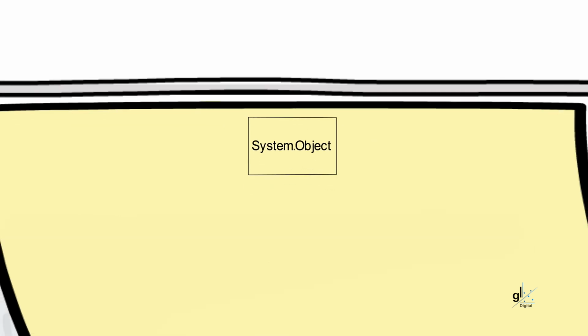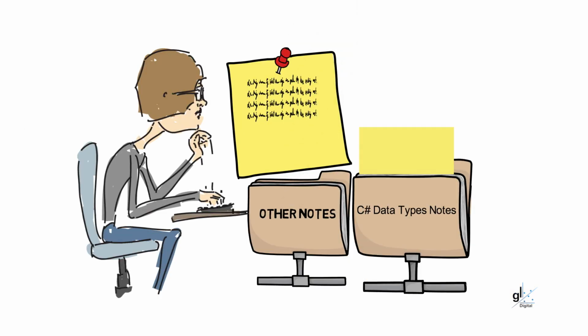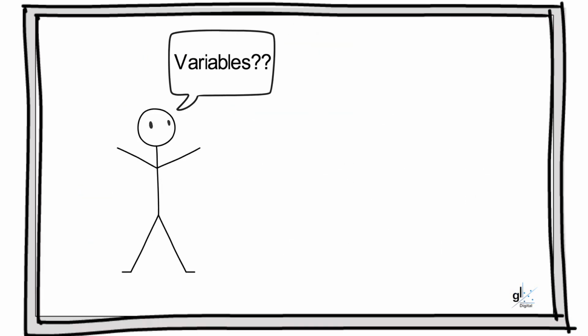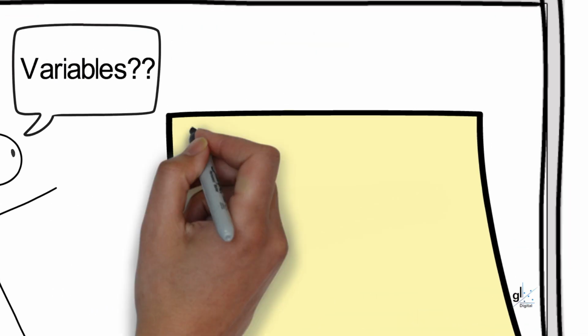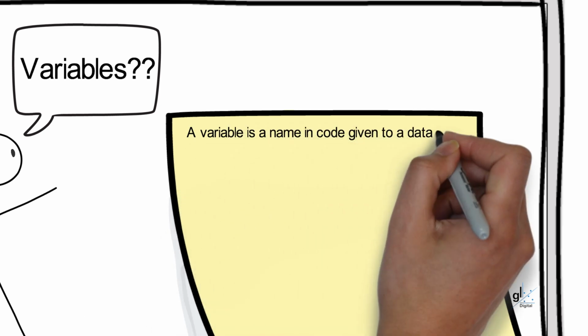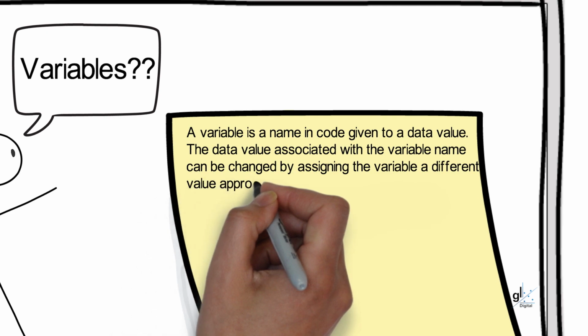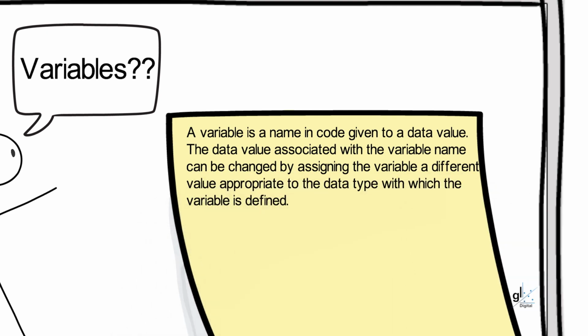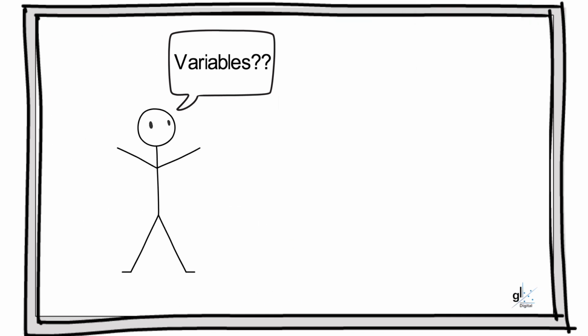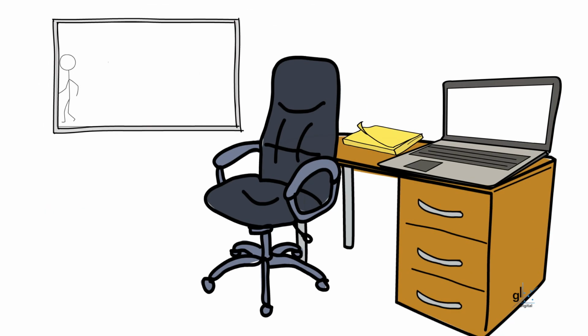The root element of the hierarchy is the System.Object class. Variables defined as object types can be assigned values of any other types. What is a variable? A variable is a name in code given to a data value. The data value associated with the variable name can be changed by assigning the variable a different value appropriate to the data type with which the variable is defined.